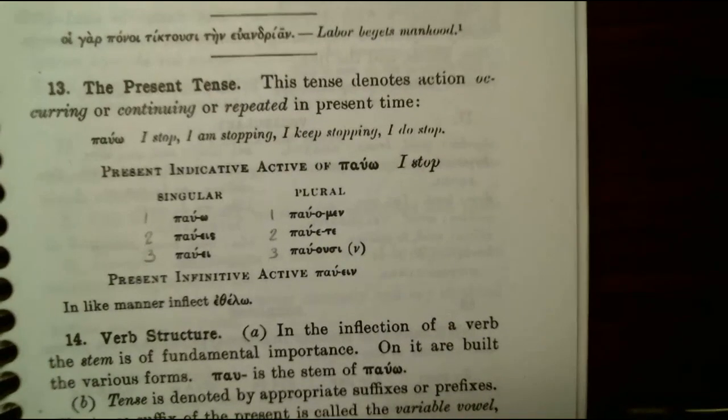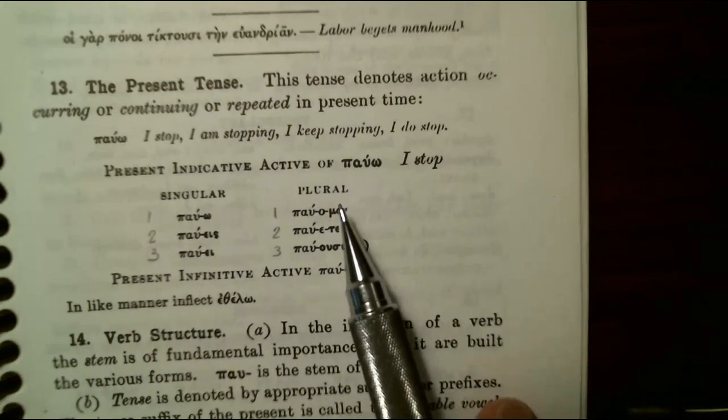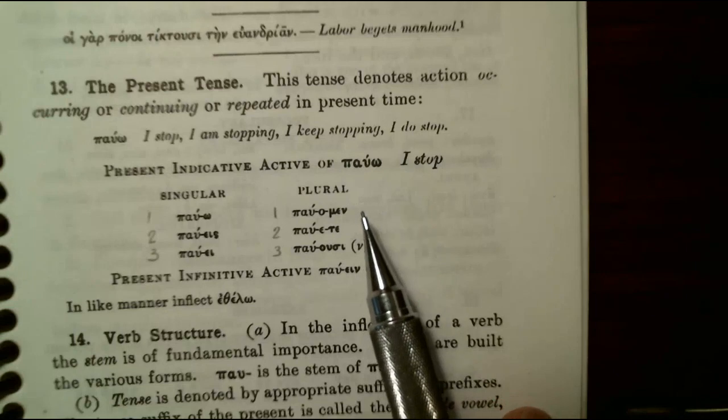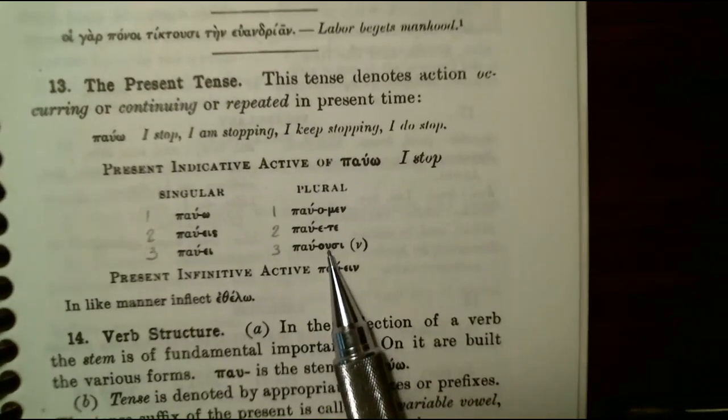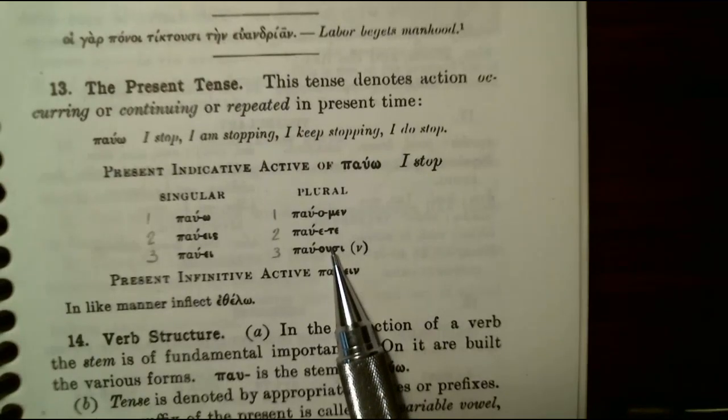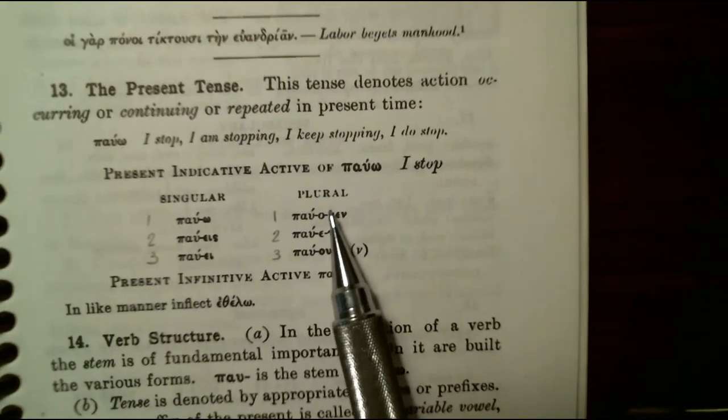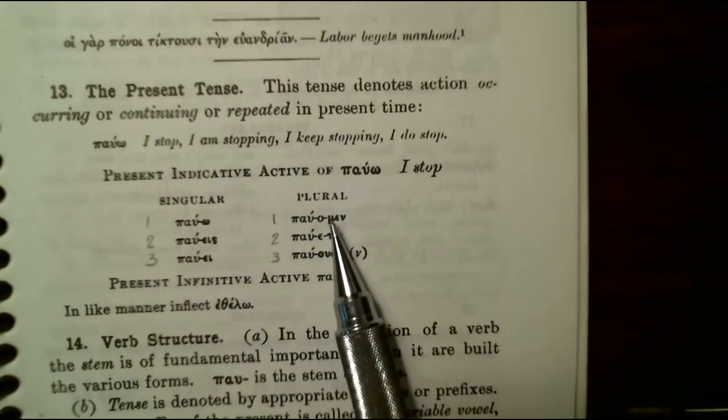So they're talking about written omicron, present tense. Okay, so we have an omicron here, and I'm going to explain how we actually have an omicron here in just a second.